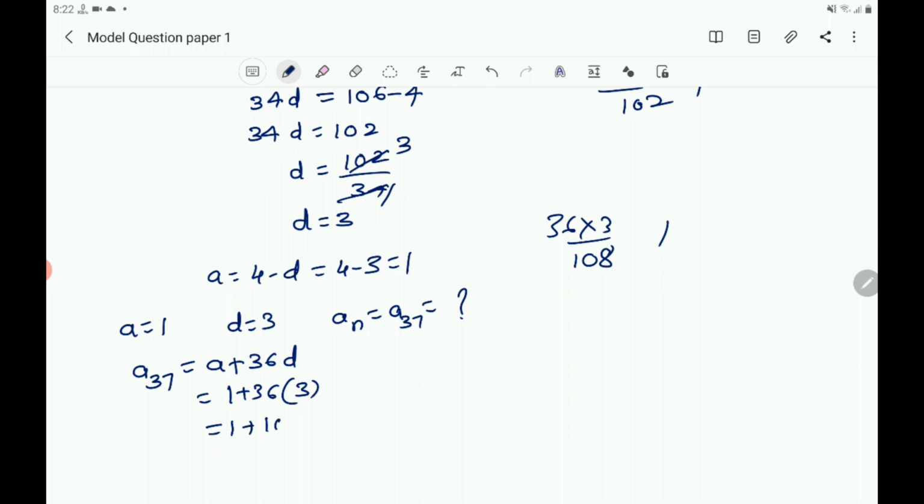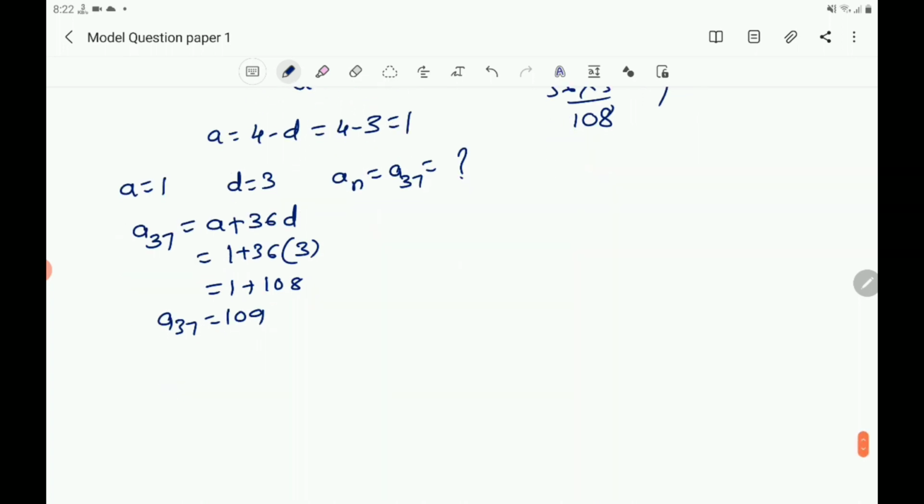You got 108. So A37 equals 109. So first term A1 equals 1. Last term A37 equals 109. You got the answer.